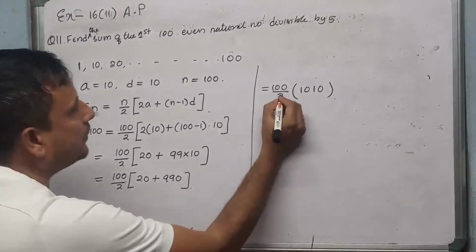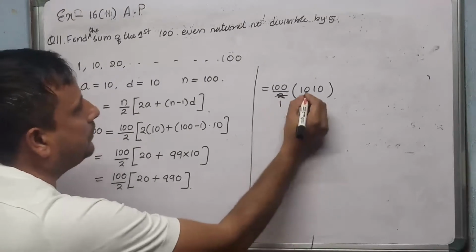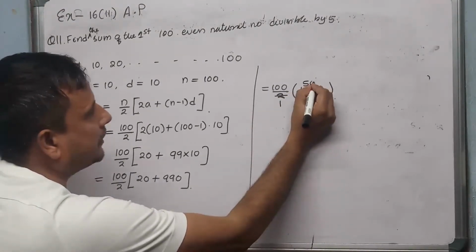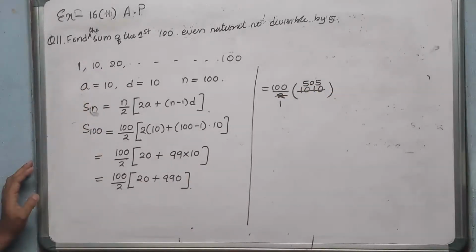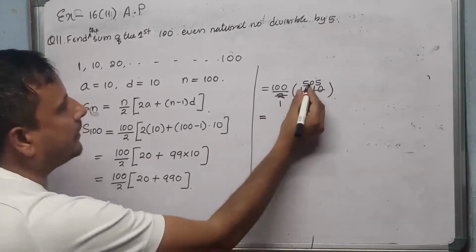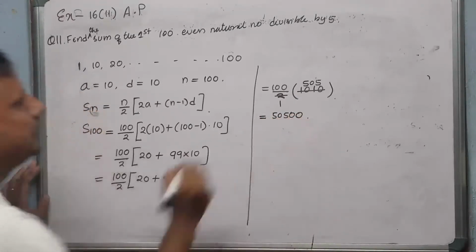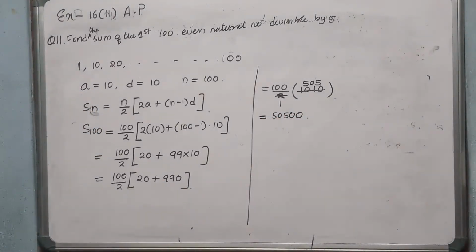Now then, 2 ones are 2, 2 fives are 10, 505. Then multiply 505 by 100, it is 50500. That is the sum of the natural numbers.